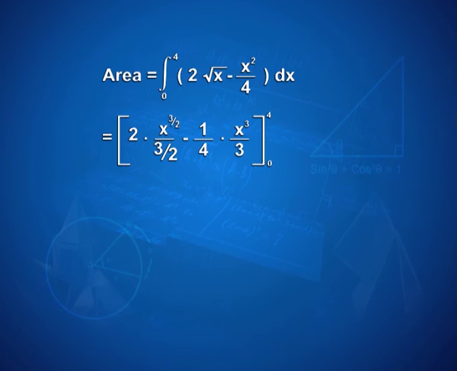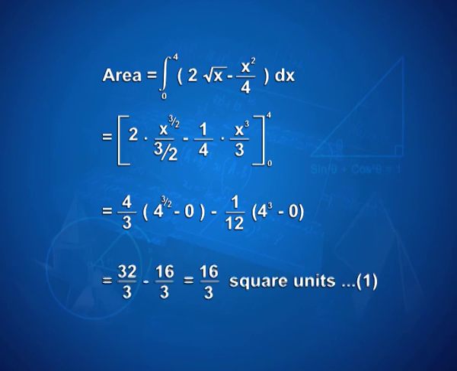On applying the limits, we have 4 upon 3 into 4 raised to 3 upon 2 minus 0 minus 1 upon 12 into 4 to the power 3 minus 0. That gives 32 upon 3 minus 16 upon 3, and we get 16 upon 3 square units as the required area.